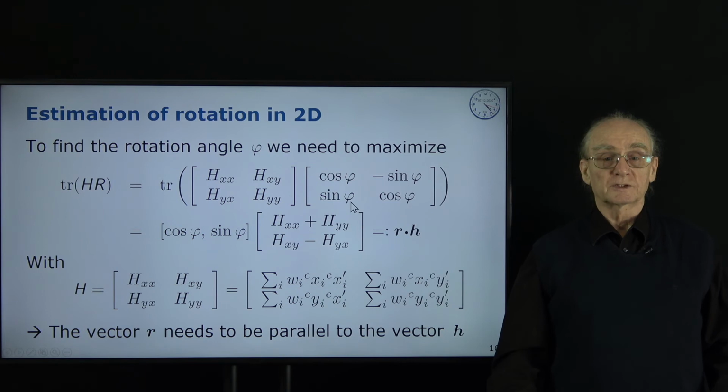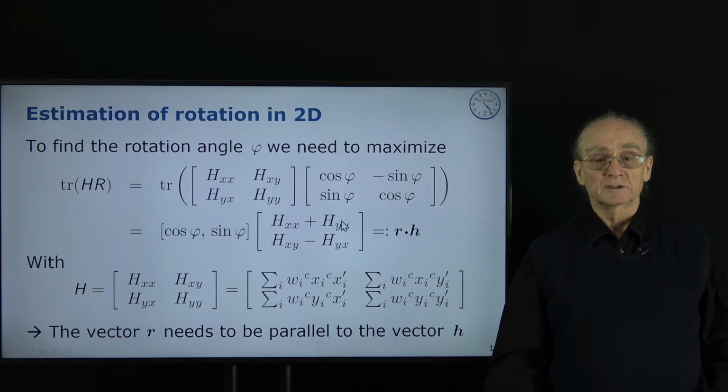So if we do this, what happens? We take the trace. That means we have to take the first row multiplied with the first column, which is HXX cosine phi, plus HXY multiplied with sine phi. And then we have to multiply the second row with the second column, and we get here the minus sine multiplied with HYX, and we get HYY multiplied with cosine.